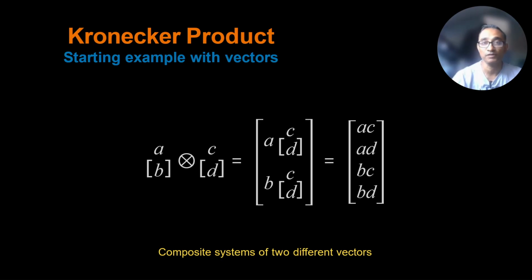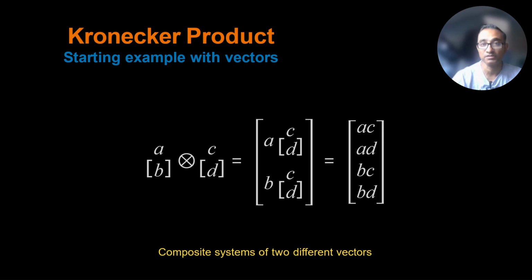For example, if you have two systems represented by vectors A, B, and C, D, it can be represented in a Kronecker product by multiplying the first element of the first vector with the whole second vector, and then taking the element-wise product.